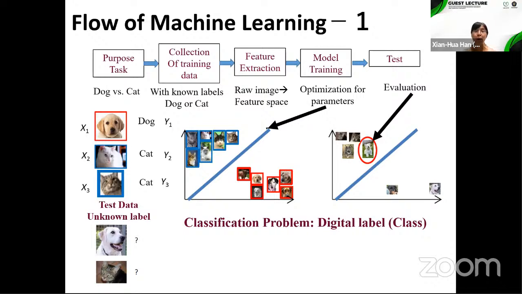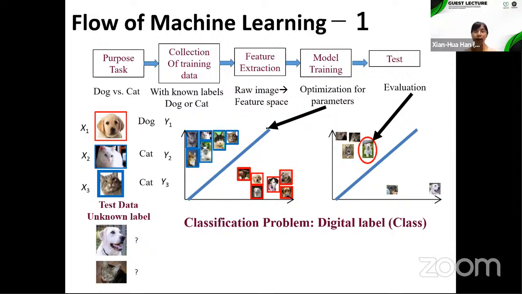In traditional machine learning methods, after collecting the training data, we need to extract effective and discriminating features from the raw images, and then construct a model with some mathematical operation in our representation.